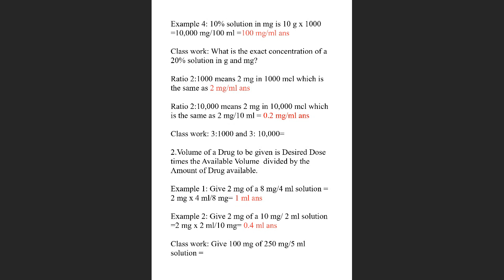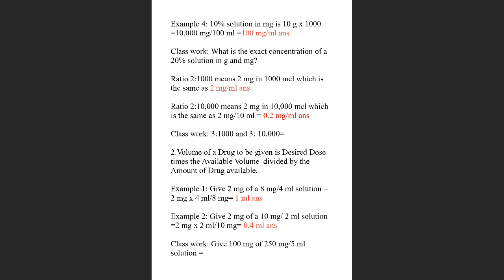And remember to zoom in on your side if you're not seeing clearly. Example 2, you have a 10 milligram in 2 ml solution, and you need to give 2 milligrams, right? So give 2 milligrams of a 10 milligram in 2 ml solution. The desired dose is what you're supposed to give.